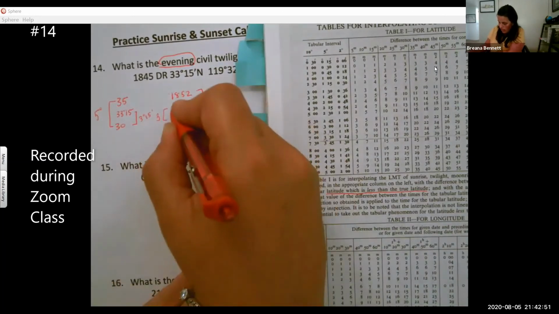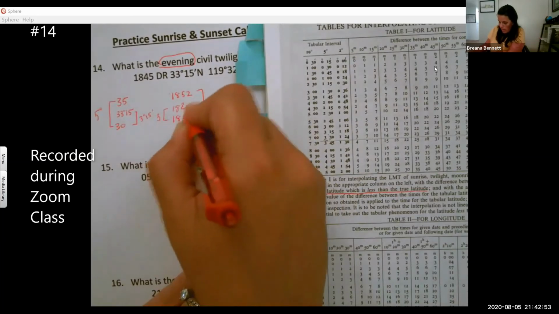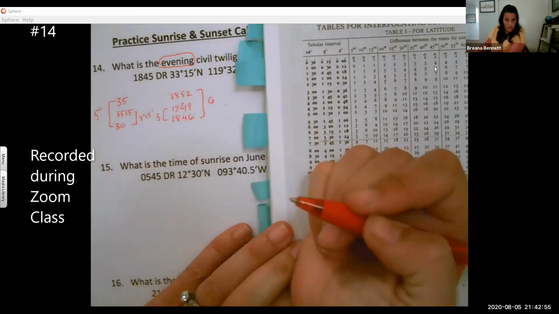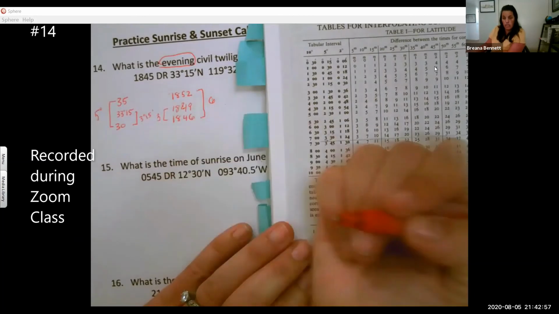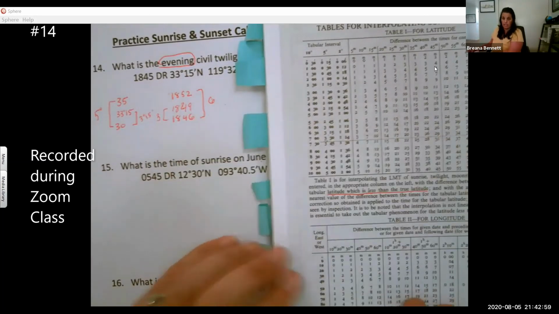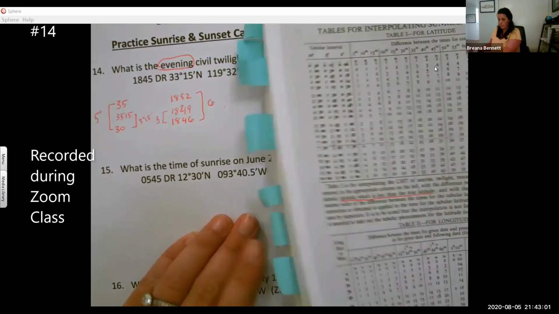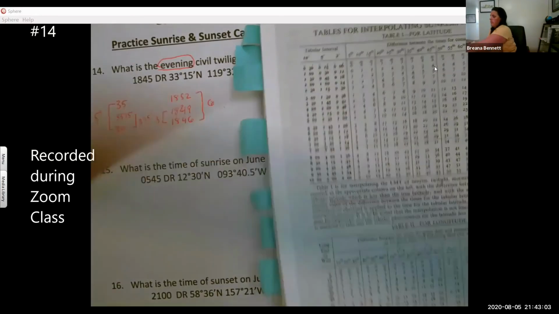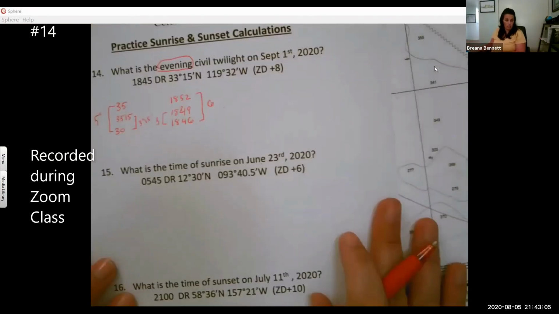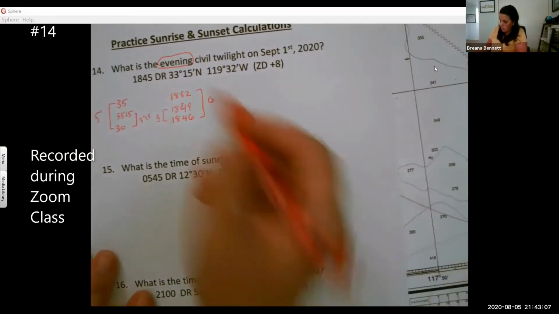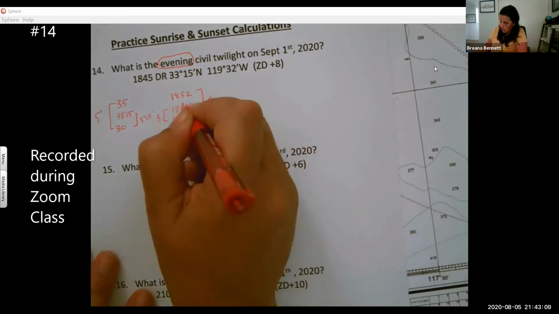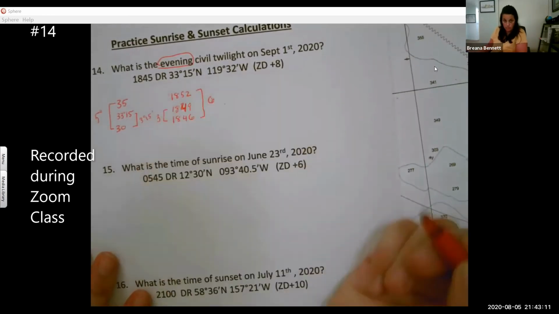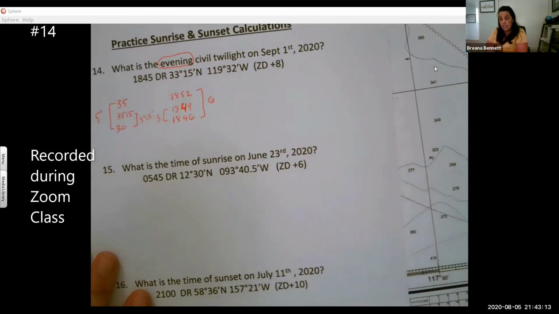So I have 1849 as my central meridian civil twilight time. This is 49. So now I do the same thing that I was doing for LAN with my time.